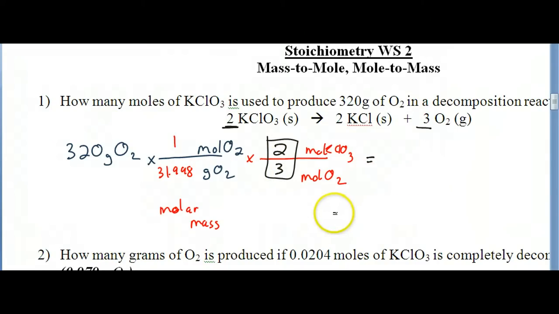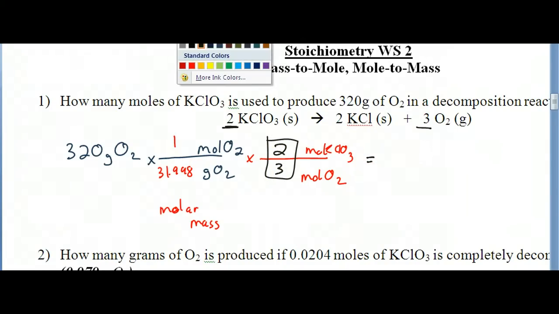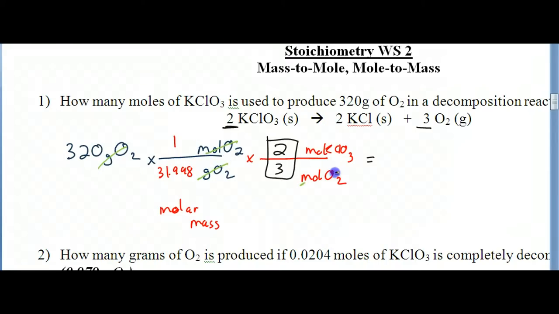And then you can go ahead and draw your diagonals again with some enthusiasm, perhaps. Grams O2 cancel out, moles O2 cancel out, and you're left with moles of KClO3, and that is what we're looking for here.